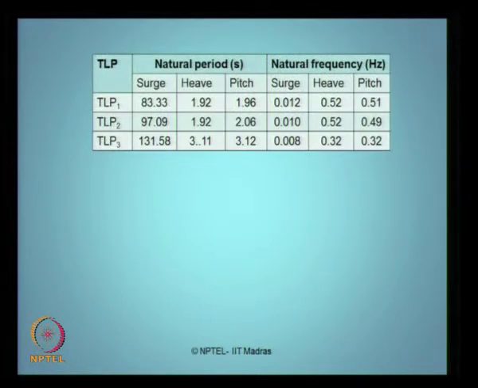So, these are the natural periods and frequency in hertz, this is 1 by T, this is not radians per second. So, TLP 1 equivalent triangular, TLP 2 equivalent triangular, TLP 3 equivalent triangular, the periods vary from 80 to 130 in surge, whereas in heave it varies from 1 to 3, or 2 to 3 in pitch and heave, because they are stiff degrees of freedom.